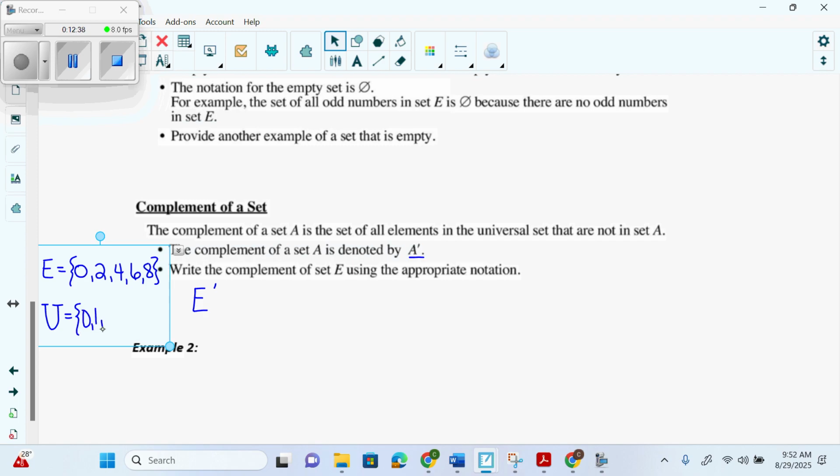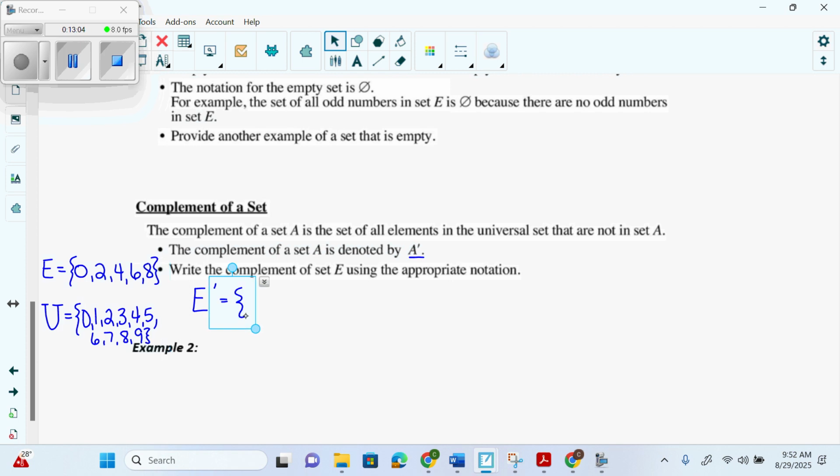So 0, 1, 2, 3, 4, 5, 6, 7, 8, 9. So what we have to do is we have to state what's not in E, correct? What is in E? 0, 2, 4, 6, 8. So we're not going to state those. We're stating what's in the universal set, but not in E. That's the complement of it. Okay?